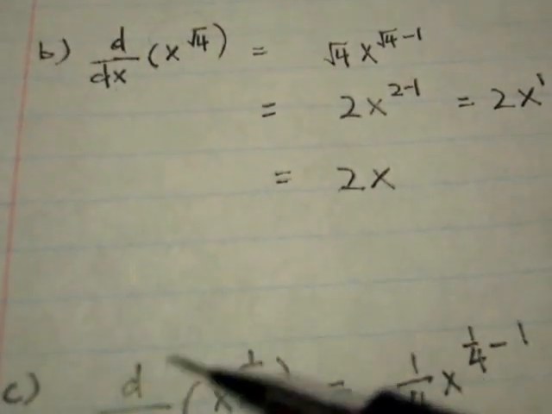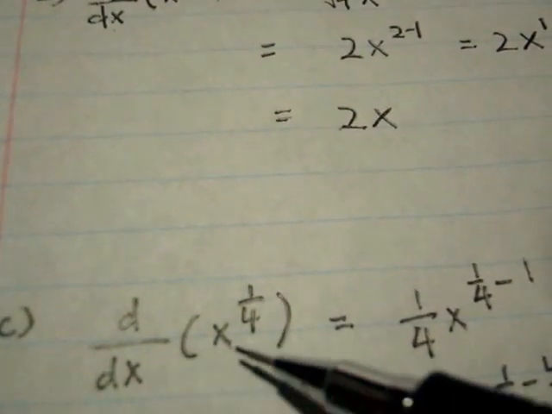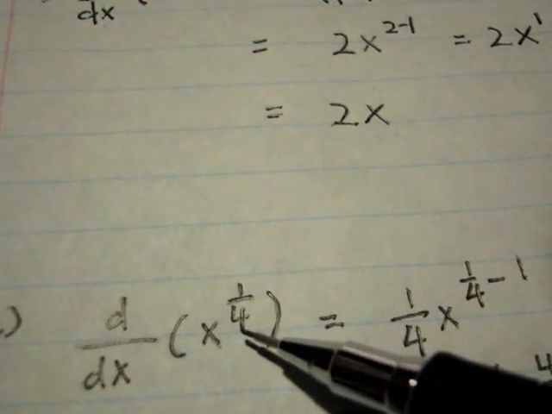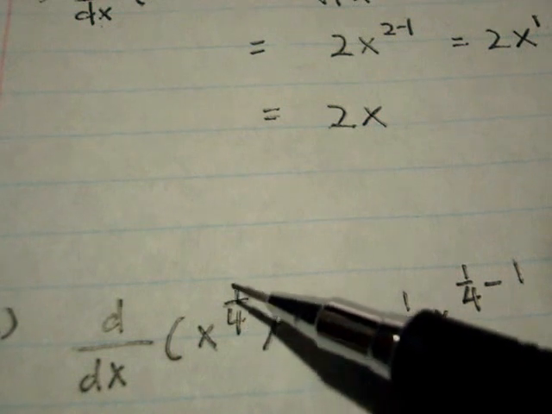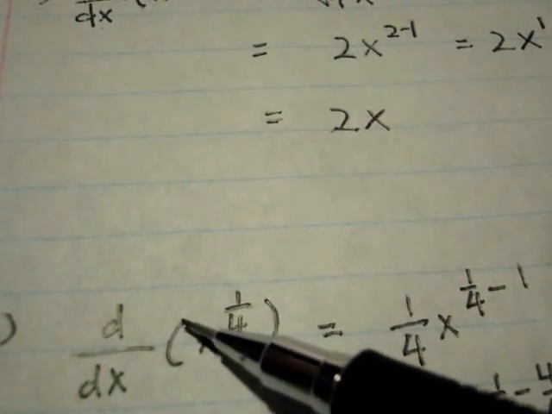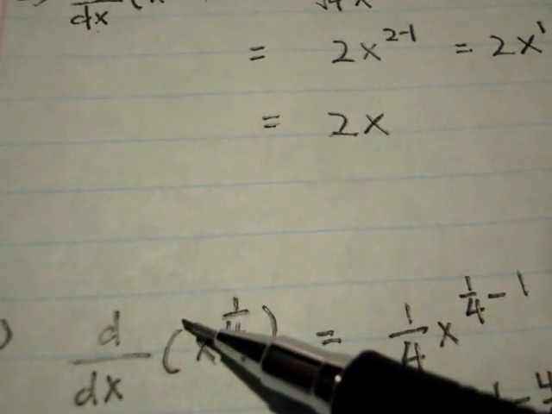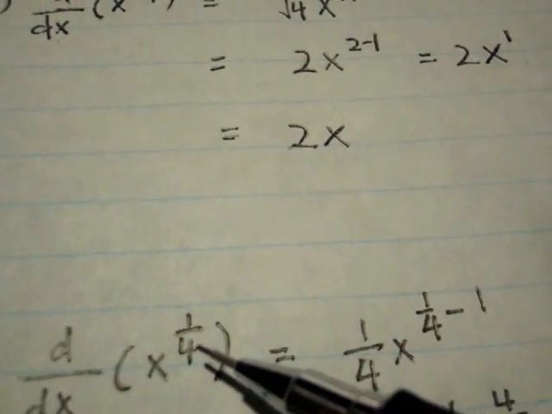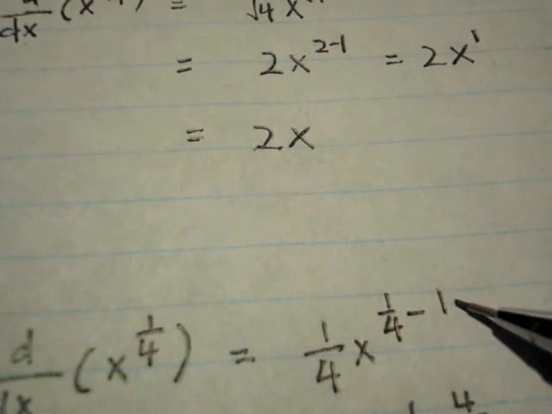Example 3. Take the derivative of x raised to 1 divided by 4. According to the power rule, you bring down the exponent in front of the x variable, and as for the exponent, you always minus 1.